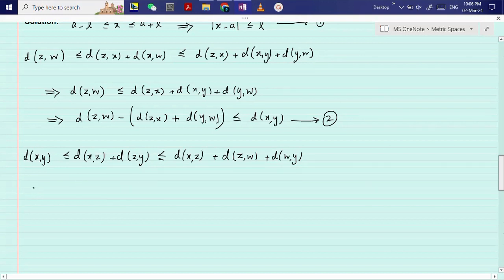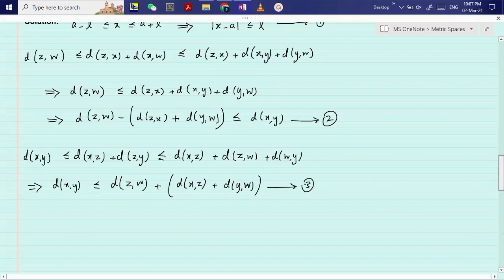So it means that this is less than or equal to d(z,w) + d(x,z) + d(y,w), and this is named as 3.